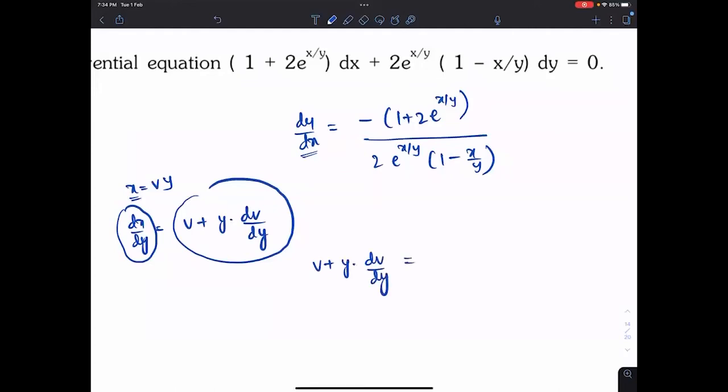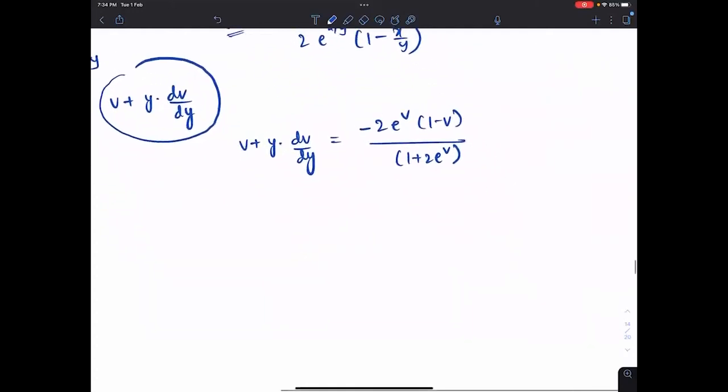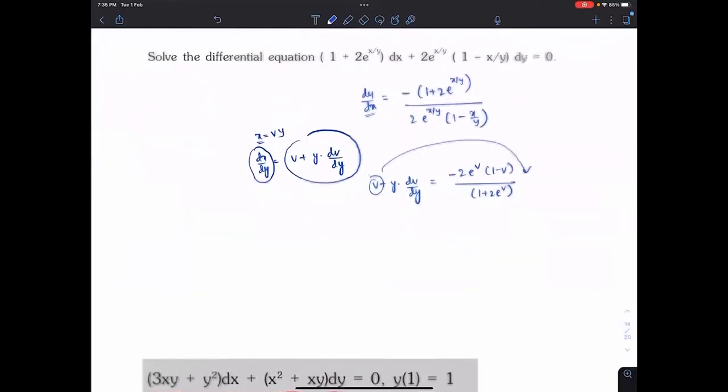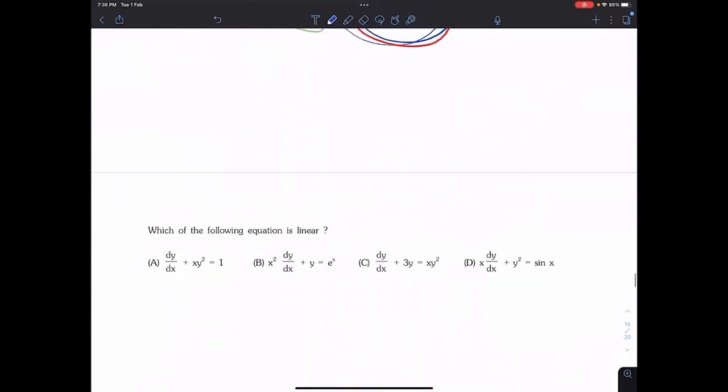Now everything will get reversed: x equals vy means minus 2e^v(1 - v) over (1 + 2e^v), like this. Now, if you send v to one side, then you will have all v terms on one side. Then it is variable separable only. So that's the idea, guys, for homogeneous differential equations.